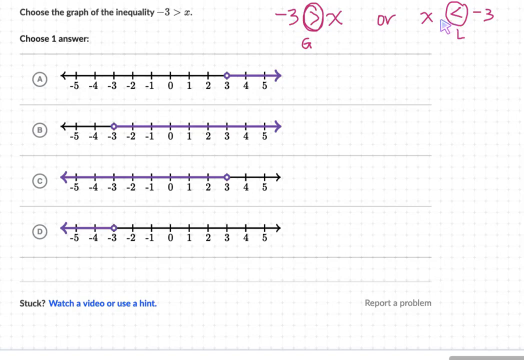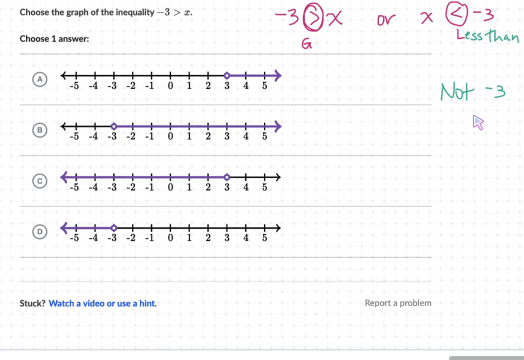Okay, so we're looking for a number that's less than -3. I notice that there's no equal sign. It's just less than. So do I include -3 when I'm just talking about a number less than -3? No. So you're not going to include -3.